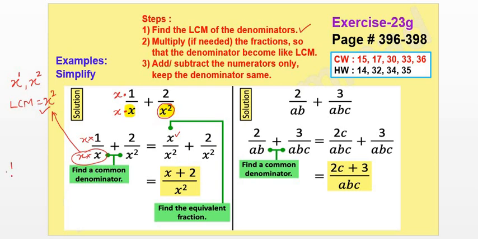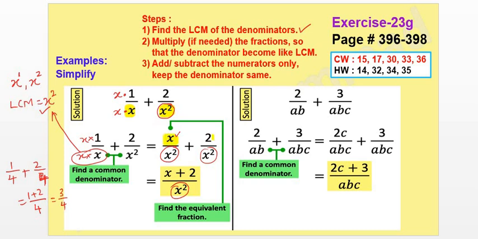For example, if I have 1 over 4 plus 2 over 4, how can I add these two fractions? I will keep the denominator and add the numerators. That will give me 3 out of 4. So here I have the denominator x squared in both, so I will keep the same denominator and add both numerators.